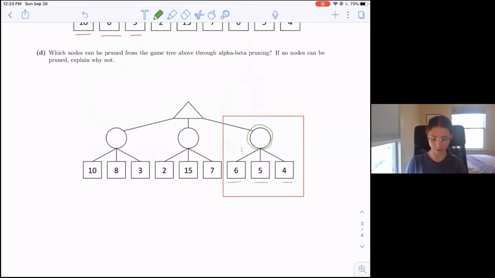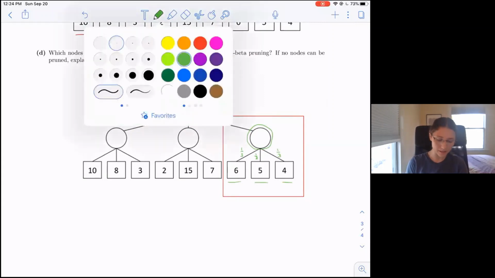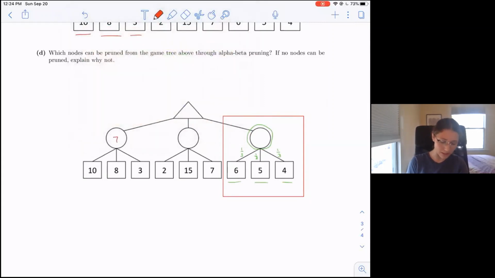We know that there's probability 1/3 for each. And now we're asking ourselves, when we're evaluating this node, is there anything that we could possibly do to help ourselves save on computation and prune some of these subtrees? One last thing I forgot to add here is I'm going to copy over what the expected values are at the other two nodes. So we had 7 and 8 from our prior example.